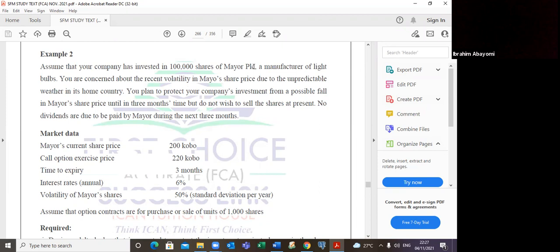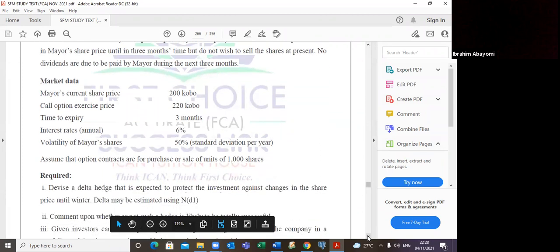You are concerned about the recent volatility in Major's share price due to the unpredictable weather in its home country. You plan to protect your company's investment from a possible fall in Major share price until 3 months' time, but do not wish to sell the shares at present. No dividend is due to be paid by Major during the next 3 months.